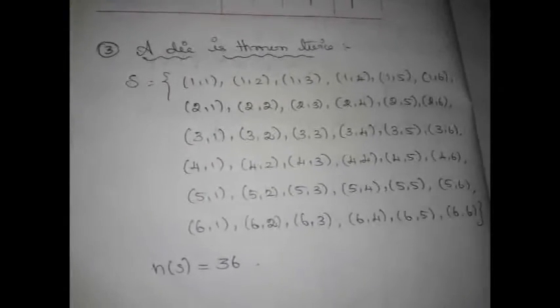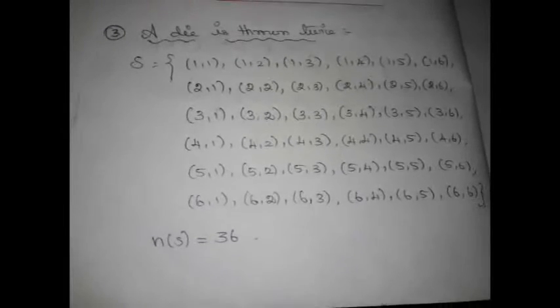When 1 is placed on the first die, the second die can have 1, 2, 3, 4, 5 or 6. The same way when the first die shows 2, the second die can show 1 to 6. So if we list out like this, all these possibilities can occur. So n of S is going to be 36. Right? n of S is going to be 36. So you should know this. When 2 dice are thrown or a die is thrown twice, the outputs are going to be like this.